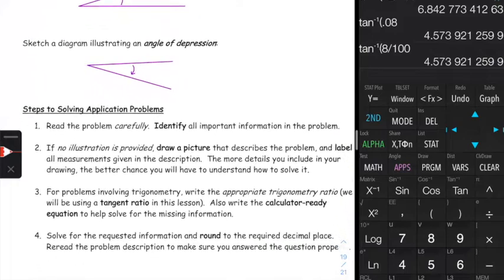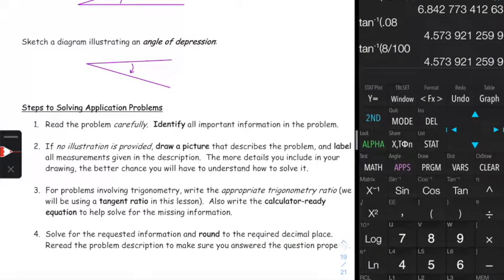So the word problems are coming up here. You want to make sure you read everything and identify all the information. Usually you want to draw a picture and make sure you label everything in its correct spot. Then for problems involving trig, write the correct trig ratio, and label your opposite, adjacent, and hypotenuse.